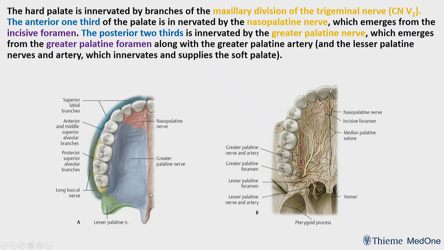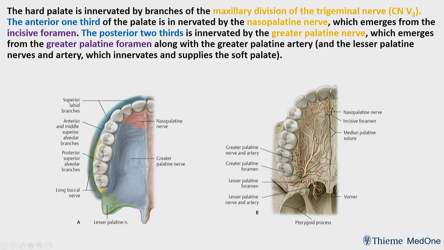On the other hand, the posterior two-thirds of the hard palate, which is bluish, is the territory of innervation of the greater palatine nerve, which arises from the greater palatine foramen and goes anteriorly in zone number 3, which is the palatine sulcus or groove.